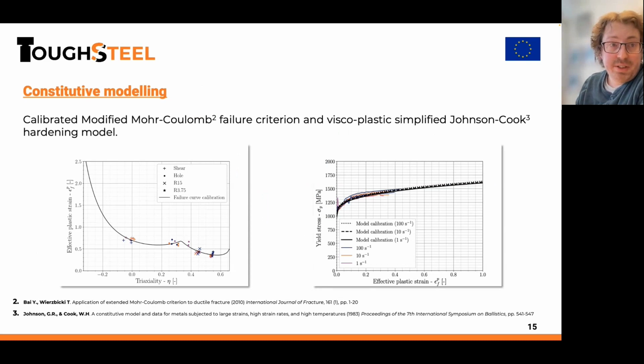Then we calibrate constitutive models. As we can see here, I chose an example, a calibrated modified Mohr-Coulomb and a viscoplastic simplified Johnson-Cook hardening model. And in this case, there wasn't that much strain rate dependency, but it can of course be a significant effect for some materials. So it's good to test for it.